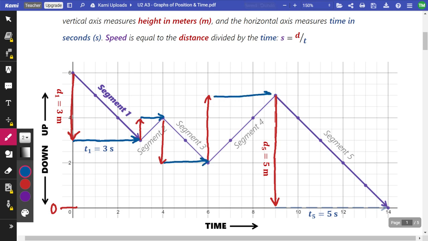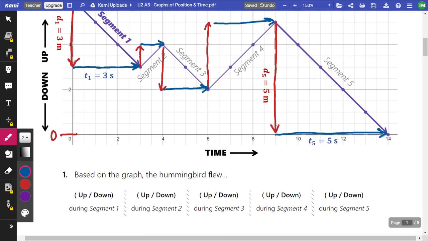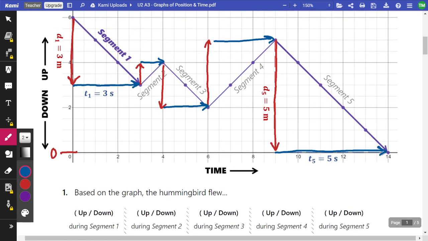Here, there, and there. Okay, so let's look at this first set of questions that goes along with this. Based on the graph, the hummingbird flew. Okay, so it's either going up or down during these segments. And we can tell that as time is going on, the distance from the ground is changing.